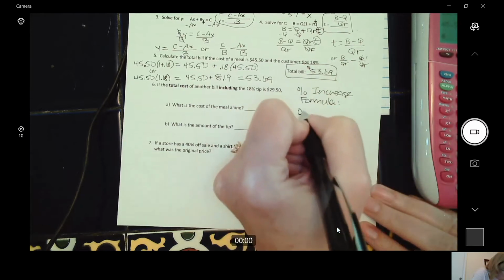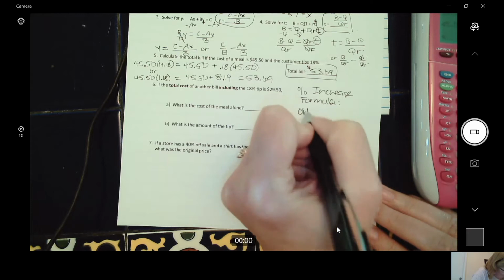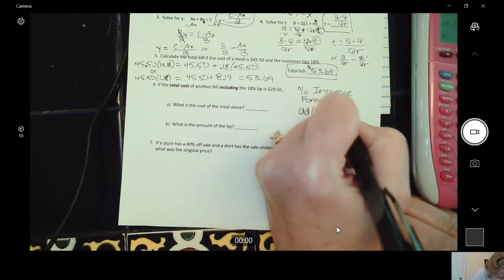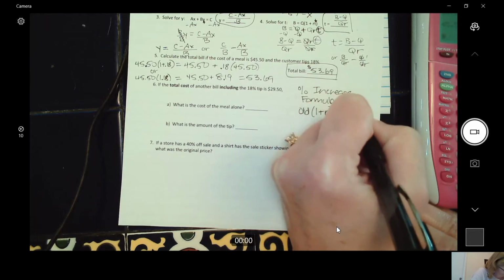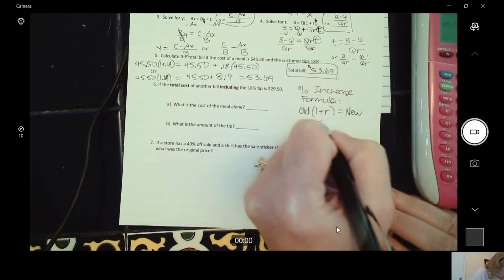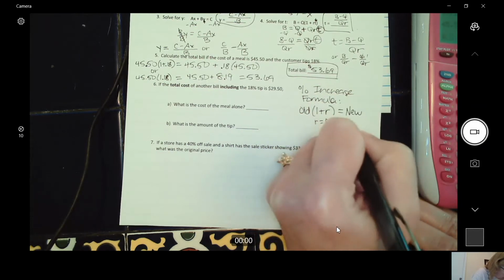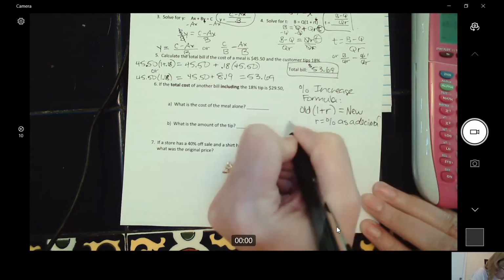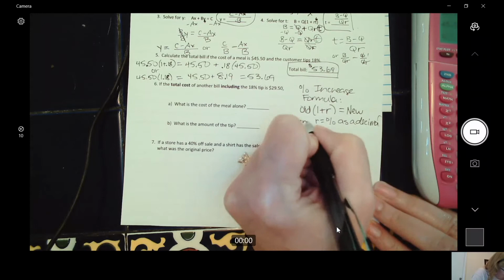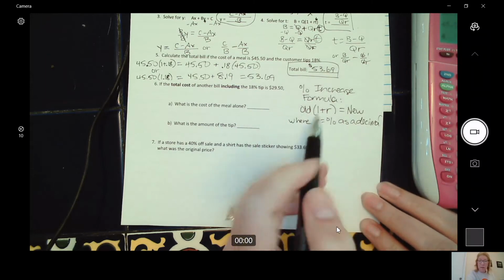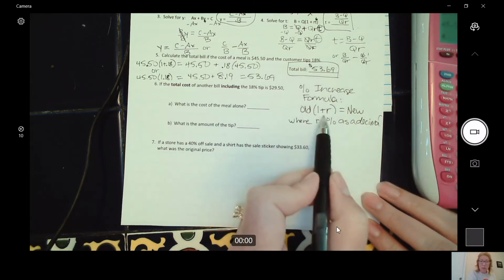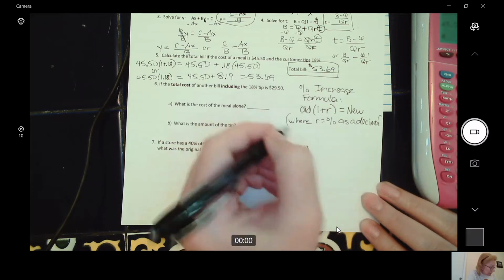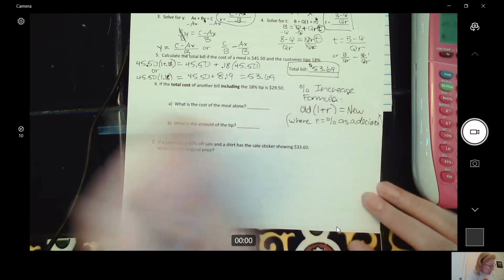If you take your old amount and multiply it by 1 plus your rate as a decimal, you will get your new amount, and R is your percent change as a decimal. So you take your old amount times 1 plus the rate as a decimal equals your new amount. I'm just making a note here to make sure you convert it to a decimal.